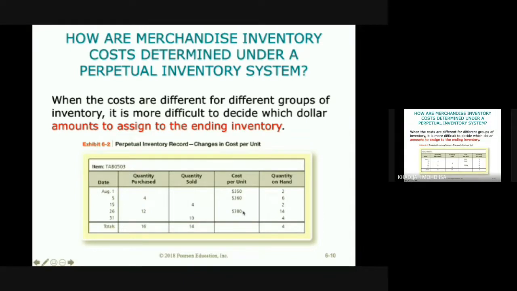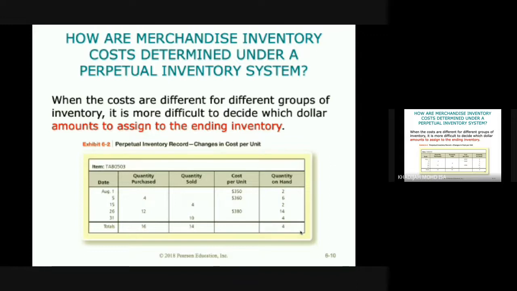So when you have a difference, how are you going to decide at the end of the period, you have an ending inventory of 4? So what value do you have to decide? 4 times the unit cost. How much is the unit cost? So this is what you have to decide: which dollar amount to assign to the ending inventory.